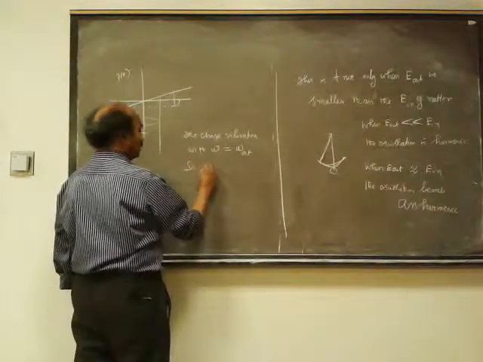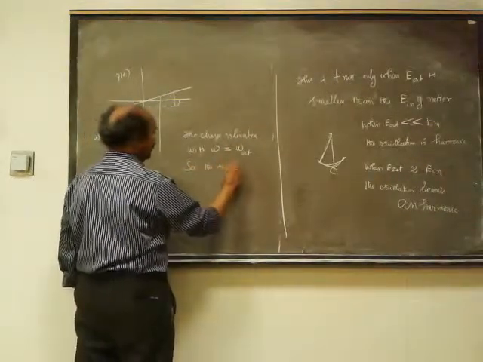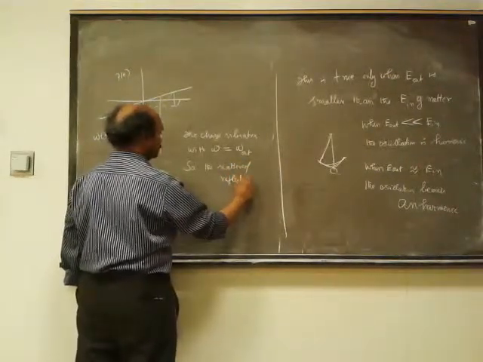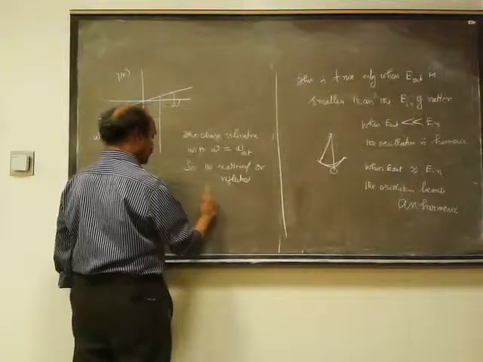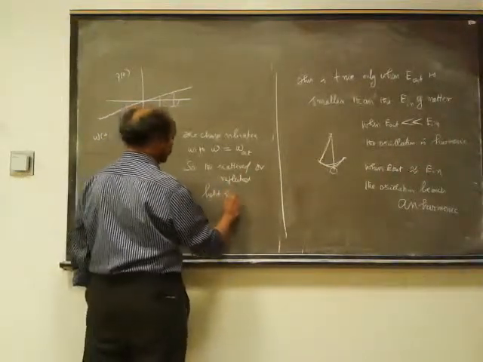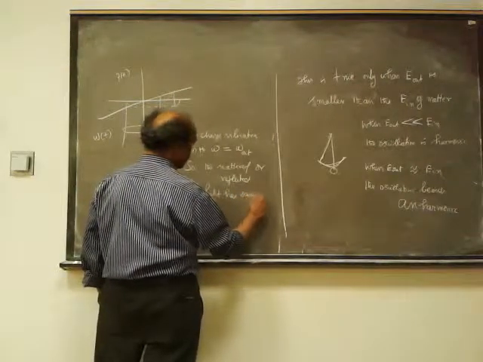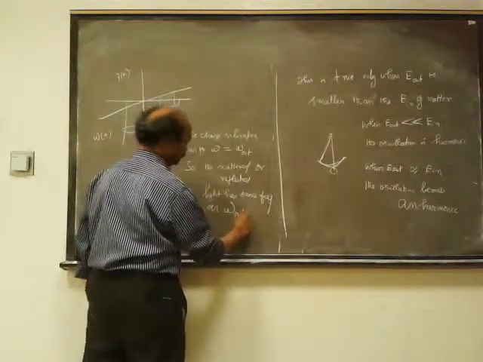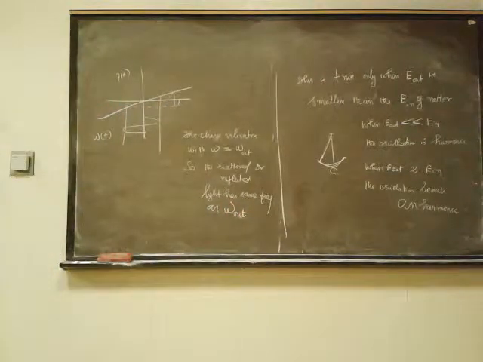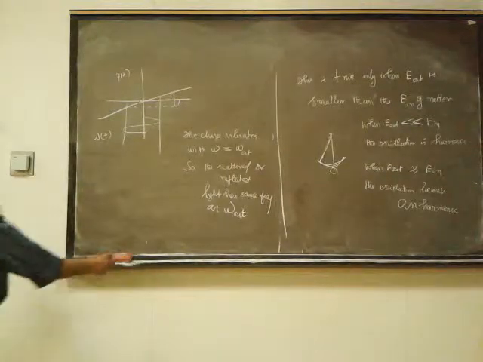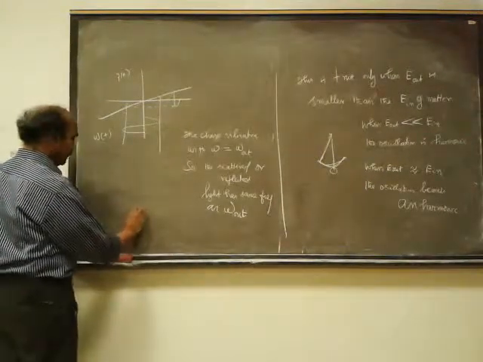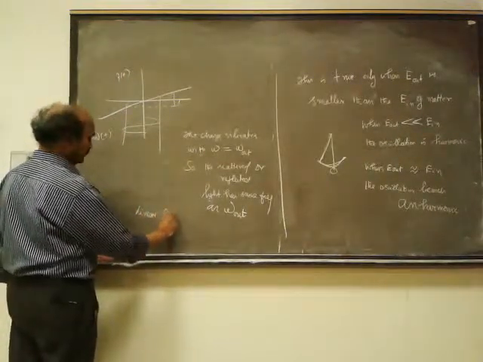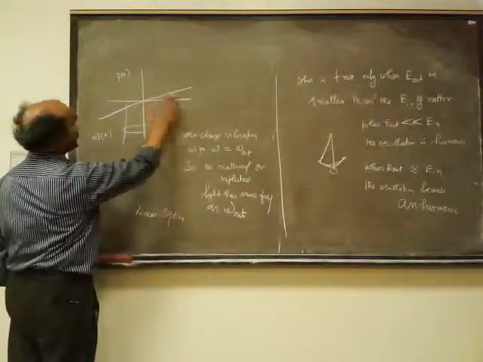So the scattered, this is very important, scattered or reflected light has same frequency as omega out. This is called linear optics. This is the region of linear optics because it is linear.